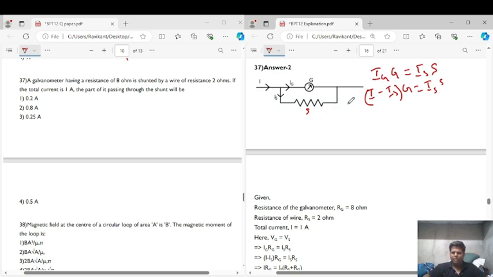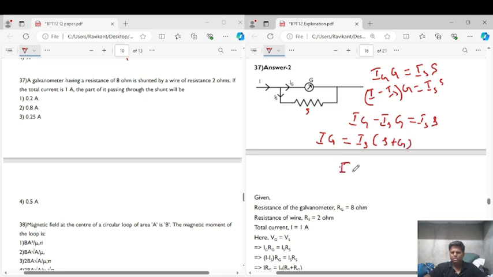Now from here, I into G minus Is into G is equal to Is into S. From here we can say that I into G is equal to Is into (S plus G).